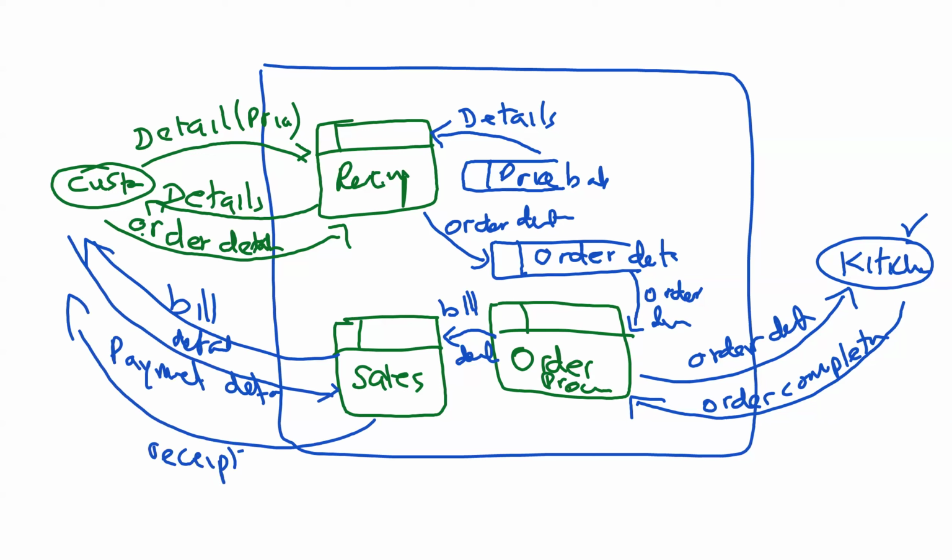Now, if you don't have enough space, you can place the customer here and draw this line to show that we do not have two external entities as customers, it is a single entity. I have duplicated it, okay, this is the customer. The sales functionality has sent the receipt as well.